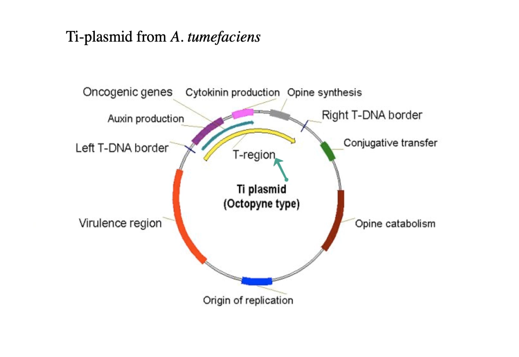Now the T region has a left border and a right border, so it looks sort of like a transposable element, but it also moves from the bacterial cell to the plant cell in a way that makes it look sort of like a virus as it moves over.